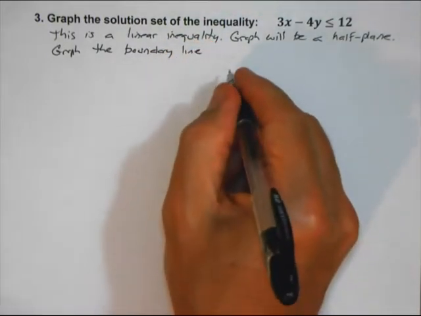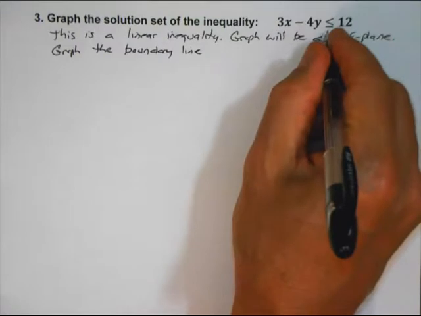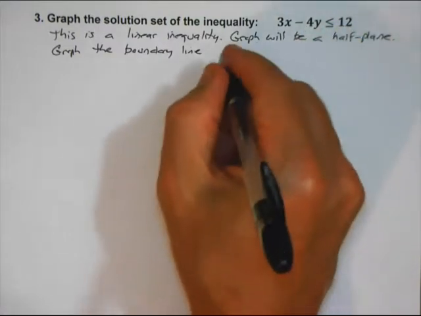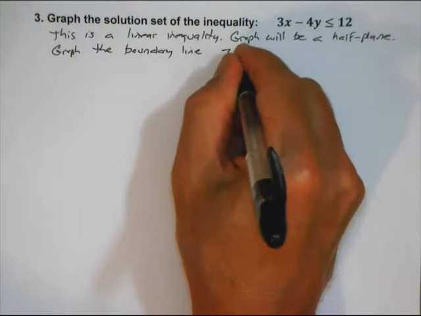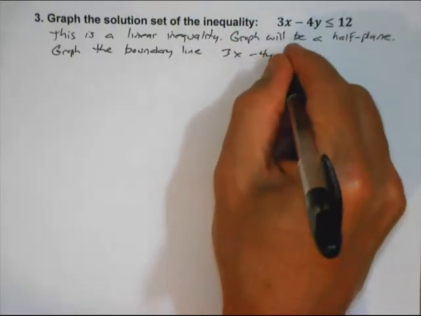We get the boundary line by taking the equality case of your inequality. So in this case, the boundary line has the equation 3x minus 4y equal to 12.